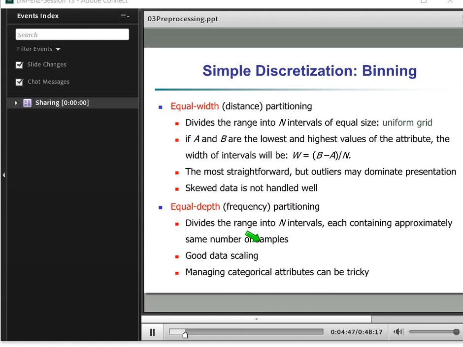One of them is binning. And as I said, binning is close to creating a histogram plot.